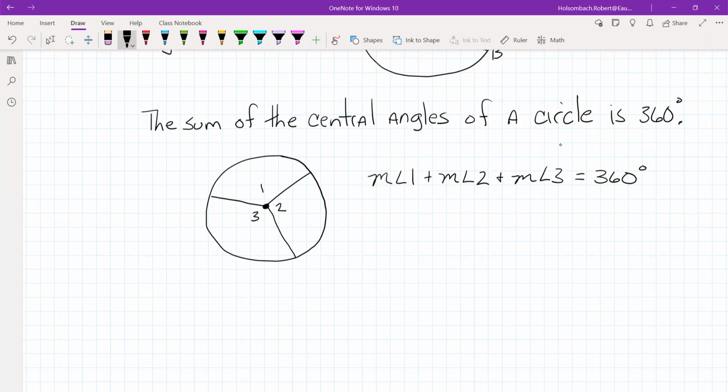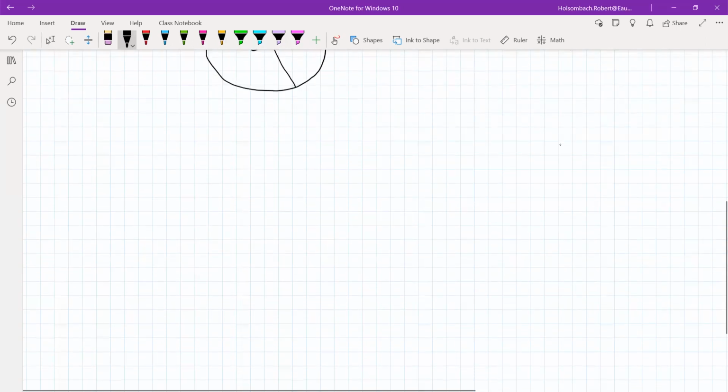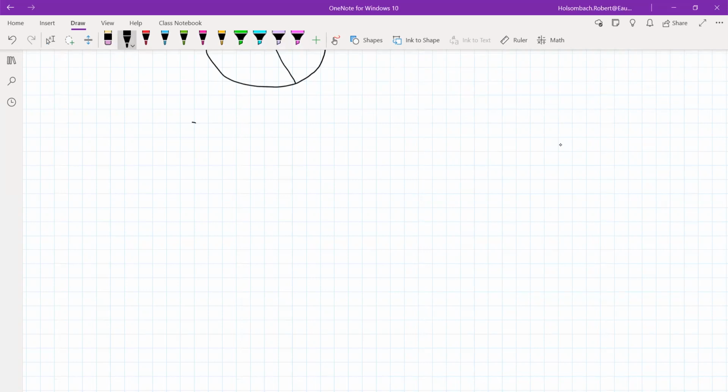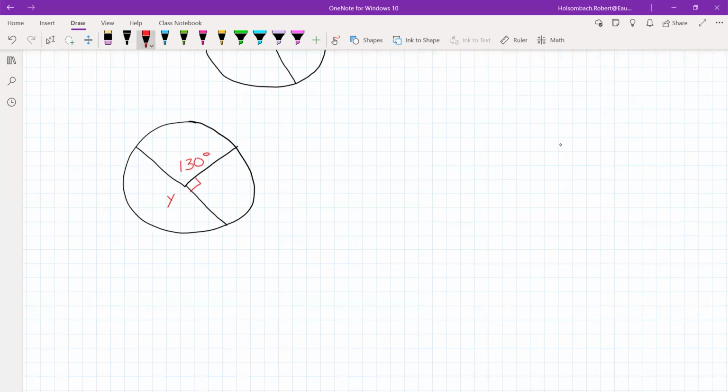So some of the problems that you'll see today will look like example 1 there. In this case, we've got three angles here that all have to sum to 360 degrees.